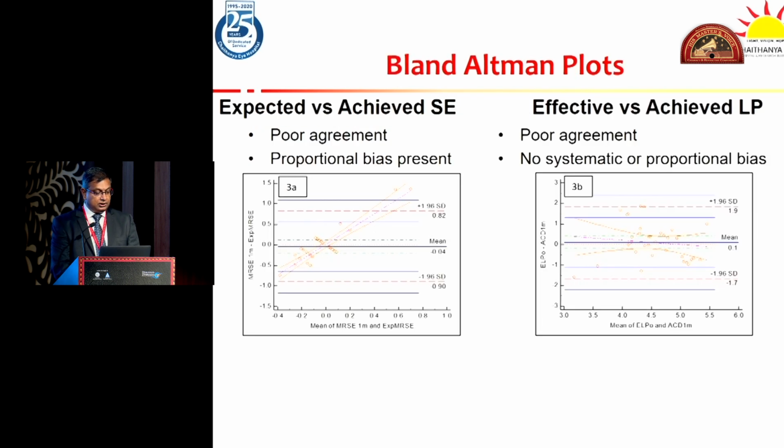These are the Bland-Altman plots to show that there was poor agreement. We did a subgroup analysis by the type of lens used. We were using approximately 10 lenses of these 5 different models.